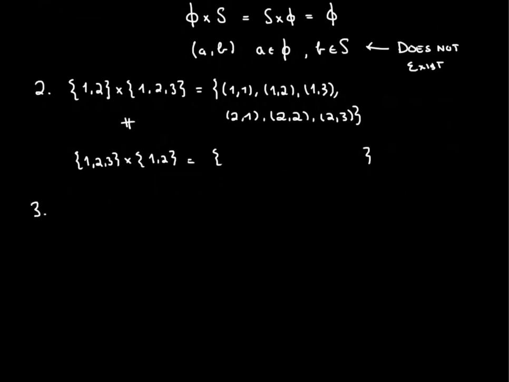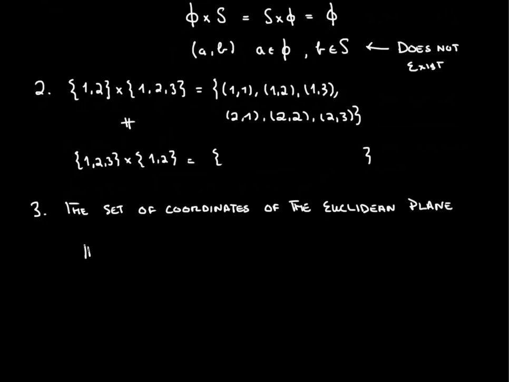Using Cartesian products, we can define the set of coordinates of the Euclidean plane. What that is, simply, is the cross product of a set of real numbers with another set of real numbers.